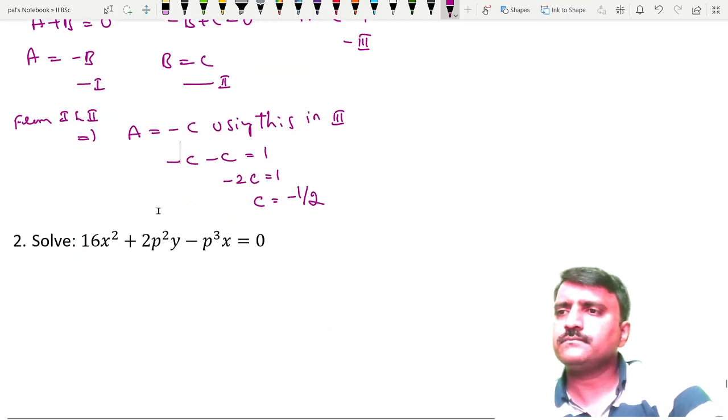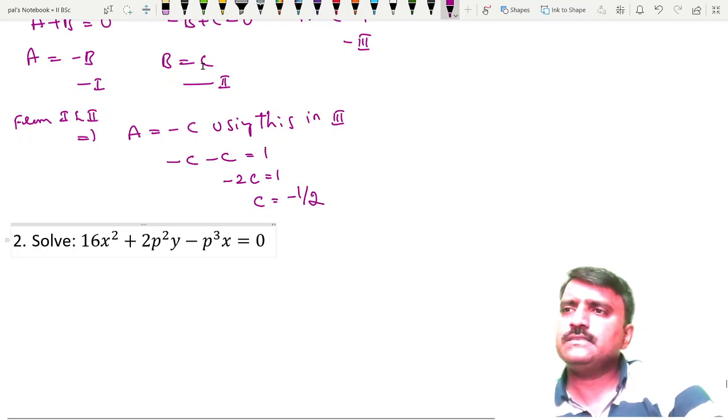Okay. So next we need to find the remaining values. If c is minus 1 by 2, b is also minus 1 by 2, and if b is minus 1 by 2, a is plus 1 by 2 according to these results.